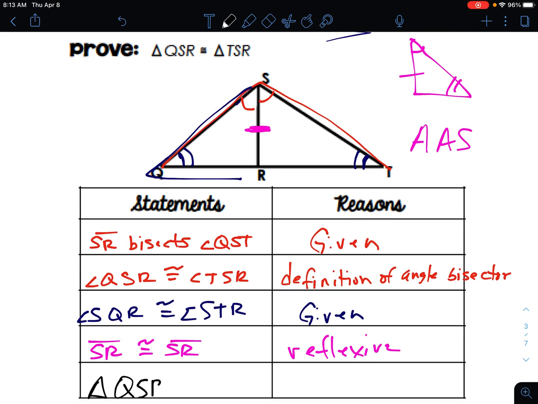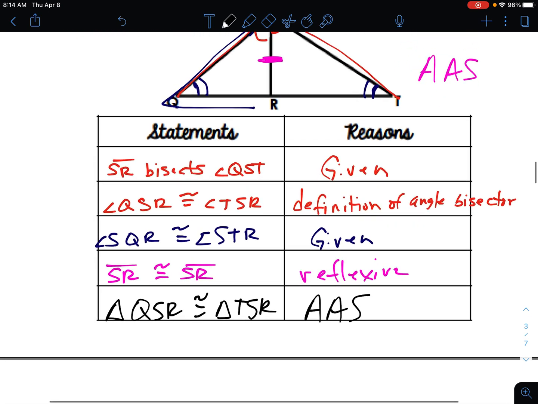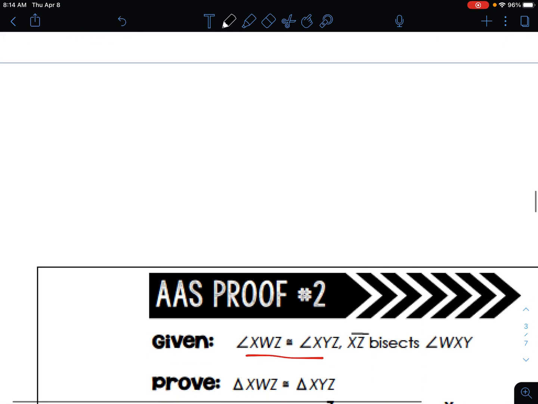And then we finish it out, triangle QSR congruent to triangle TSR, that is angle side angle. Oh no, whoops, no it's not. It's angle, angle, side. There we go. All right, so that's one.